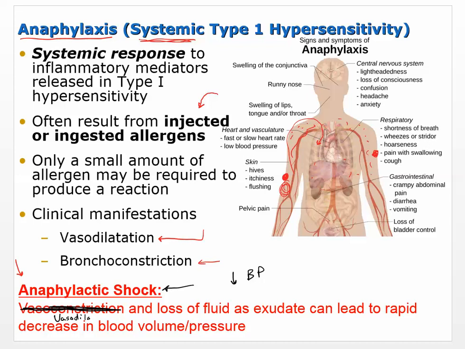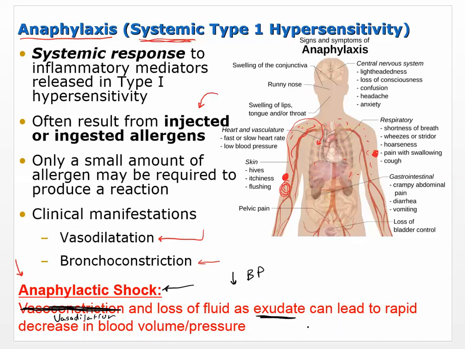Vasodilation and loss of fluid is exudate. So when the capillaries become more permeable, the fluid and some of the proteins and products can move out into the interstitial fluid, and that's going to produce this exudate, which takes blood.